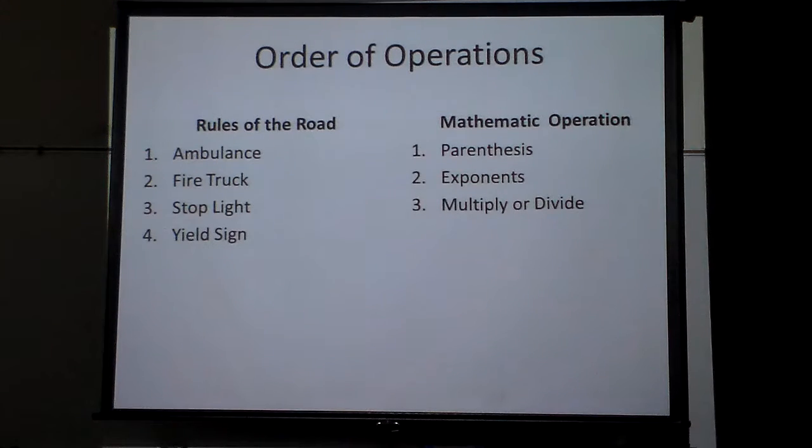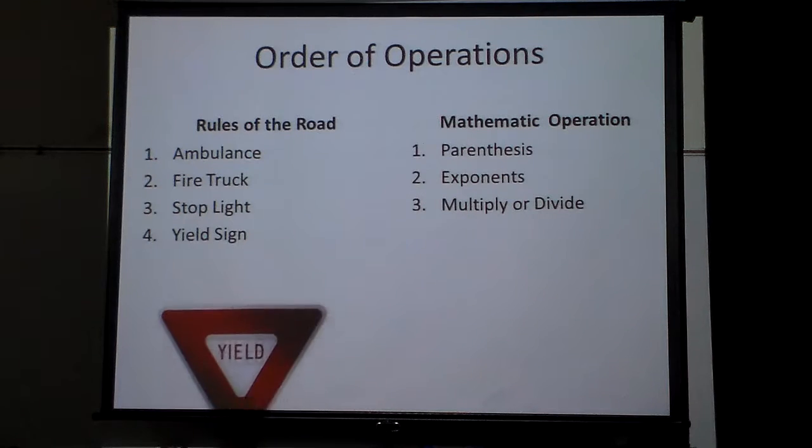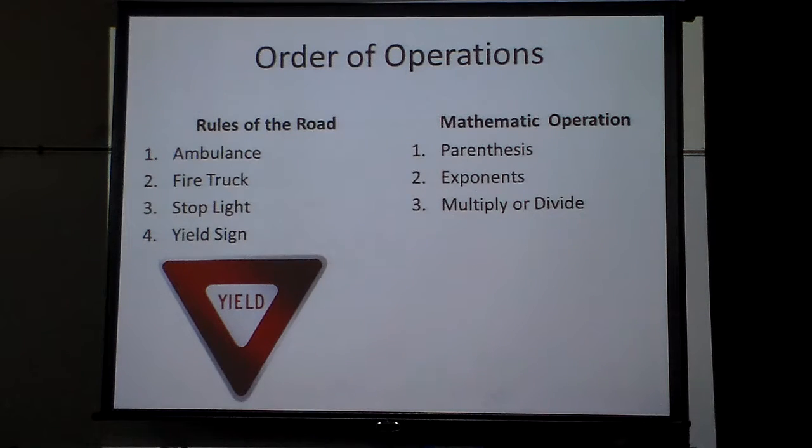The next one is what I call the yield sign. Do you stop or do you go at a yield sign? And the answer is it depends if you see a car coming. If you see a car coming, you have to stop, and if not, you just go. That's like add or subtract. If there's no car coming, you can just go ahead and go through it. But if there is, you got to stop. That'd be like the subtract. So let's look at this problem.